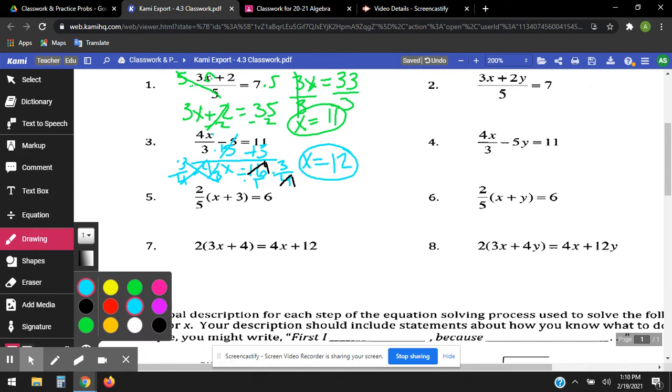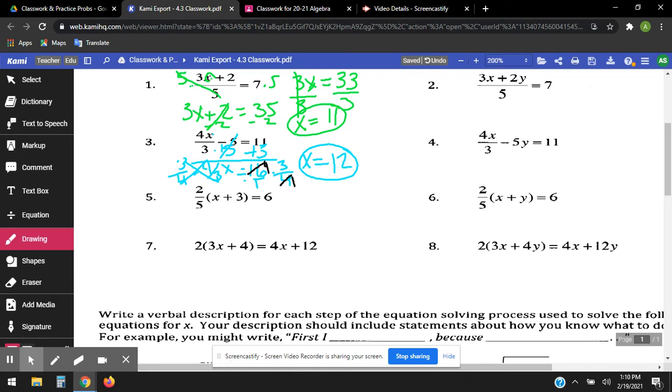Keep doing different colors here to help separate these. My x is inside the parentheses, so let's get rid of everything outside of the parentheses. Instead of a multiply by 2/5, I'm going to multiply by the reciprocal, 5/2. Those cancel. 6 times 5/2, 6 over 1, would get me 30 over 2, which is 15.